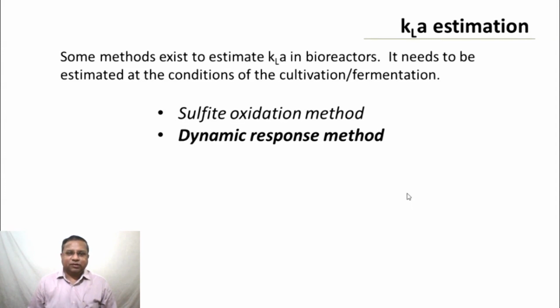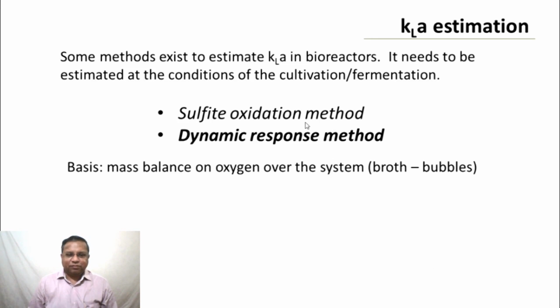There are two methods, both equally old. One is the sulfite oxidation method. The other is called the dynamic response method, which is the most preferred. So, this being an introductory course, let us talk about this most common method, the dynamic response method.